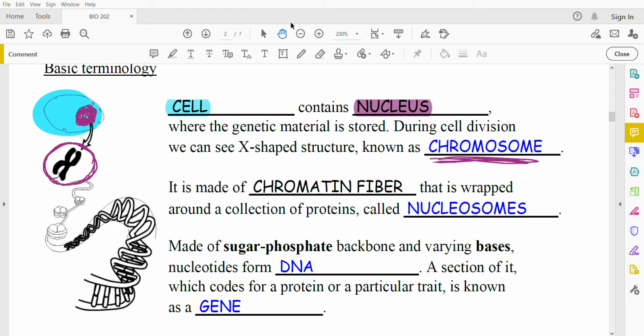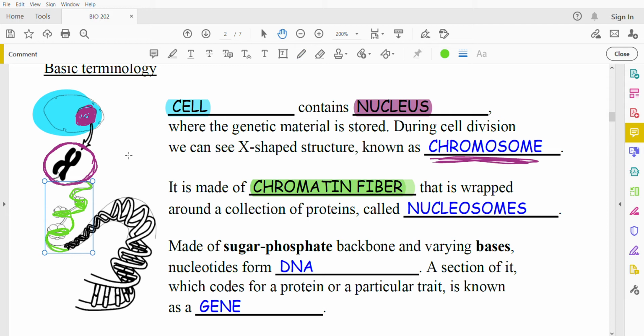If we look at what a chromosome is made of, we will find out that a chromosome is made of something known as chromatin fiber. And this chromatin fiber is really the genetic material. There might be some proteins involved in that. On this figure, I have illustrated it as a thin string that passes from one bundle of proteins to another. So that's going to be our chromatin fiber.